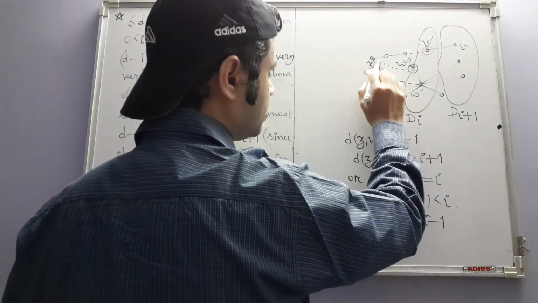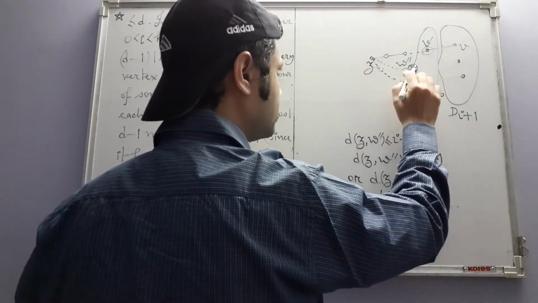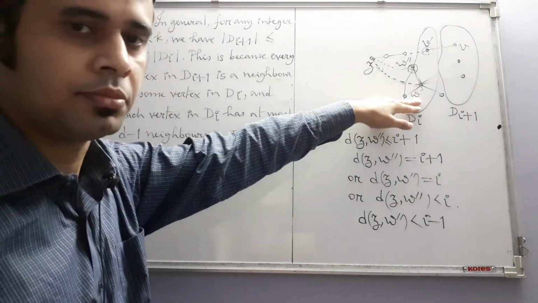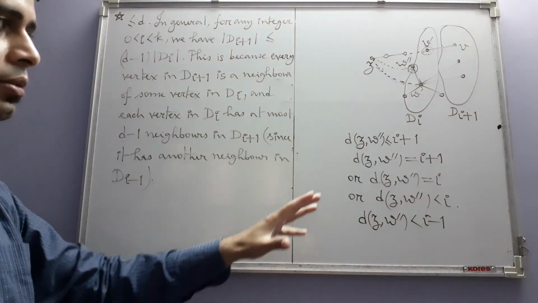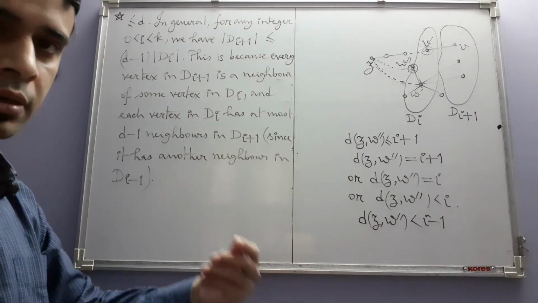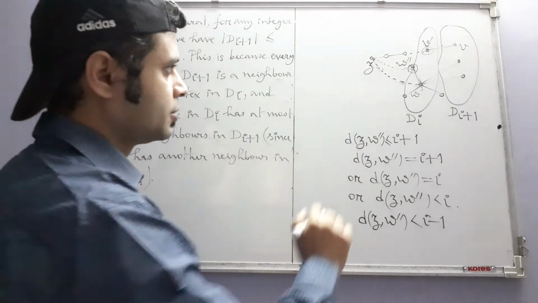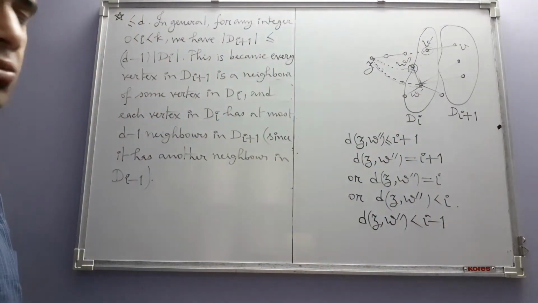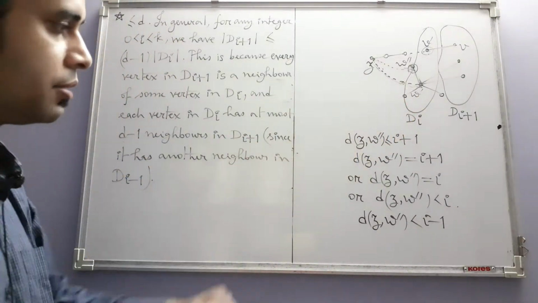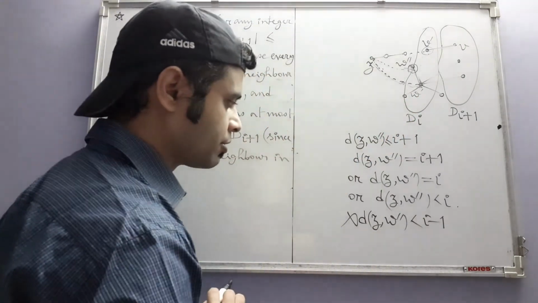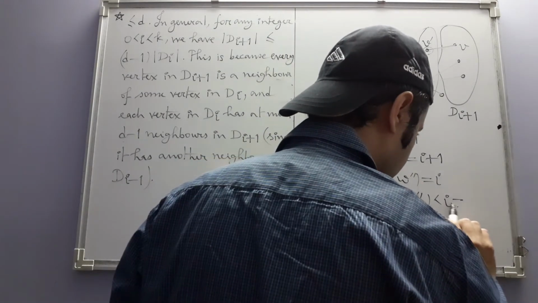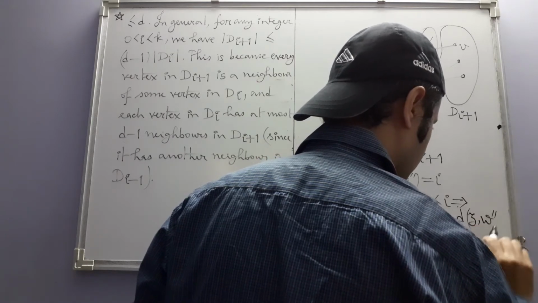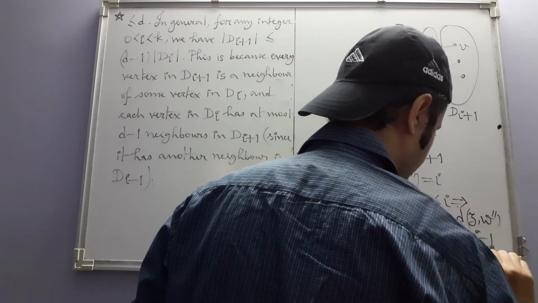If you then take that path and this extra edge joining W double prime and W prime, then you get a path of length less than I, that is less than I minus 1 plus 1, proving that the distance between Z and W prime is less than I, which is false because it has to be exactly equal to I. So this possibility is not there. So if this inequality is true, then the distance between Z and W double prime is equal to I minus 1.